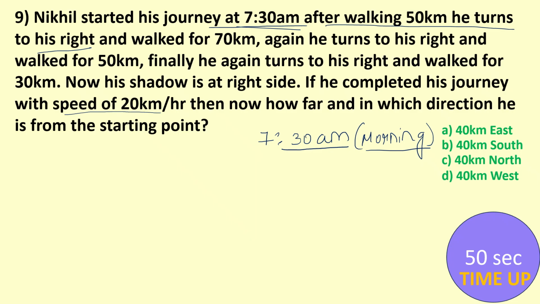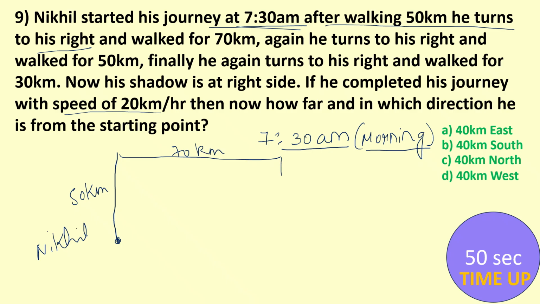Let me draw somewhere here. Okay, this is your Nikhil and he walked for 50 kilometers. Then to his right and walked for 70 kilometers. Then again he turns to his right and walked for 50 kilometers.